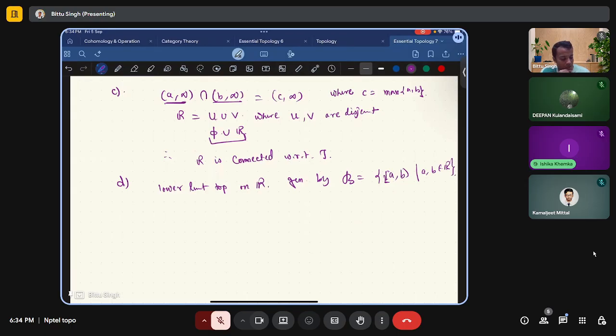So note that R can be written as minus infinity comma 0 union close 0 comma infinity.